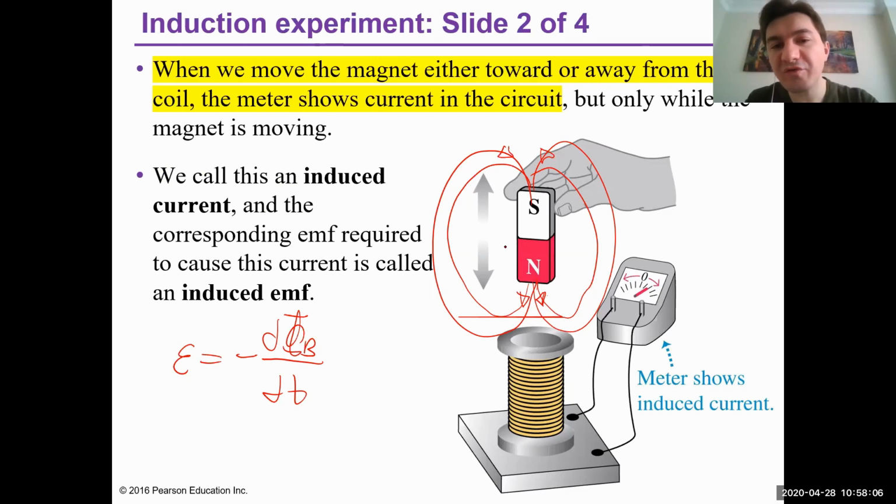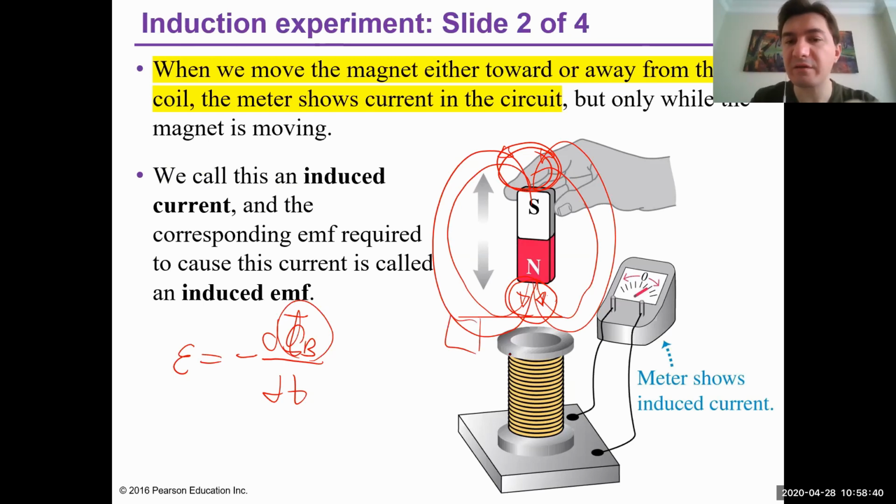So when you move this one toward the coil or away from the coil, then the magnetic flux will be changed. Okay, we know that if we are close to the poles, we have higher flux. Okay, if we are far away from the poles, the magnetic flux decreases.